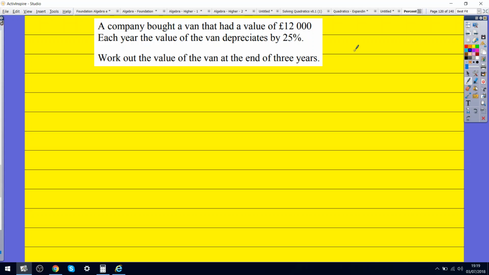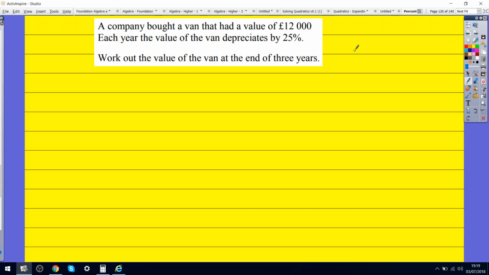So 1.00 minus 0.75 is 0.25. 0.25 times the 12,000 gives us. So there might be an easier way to.